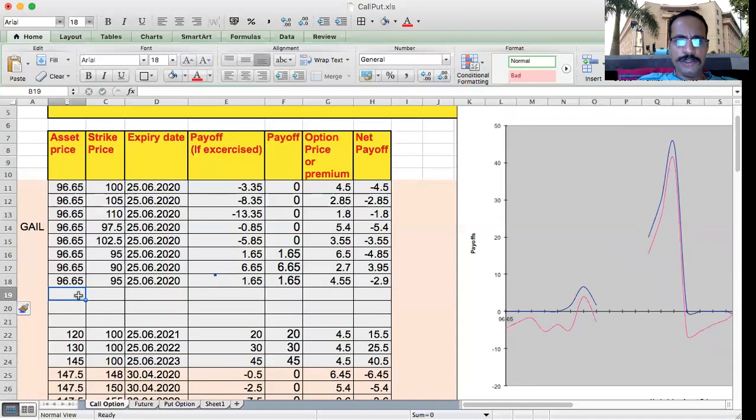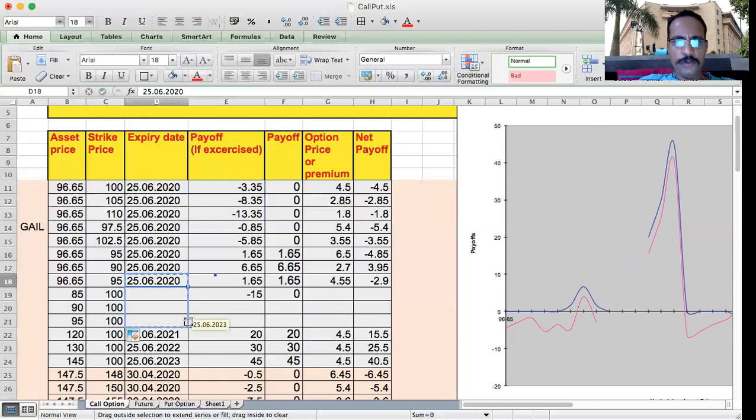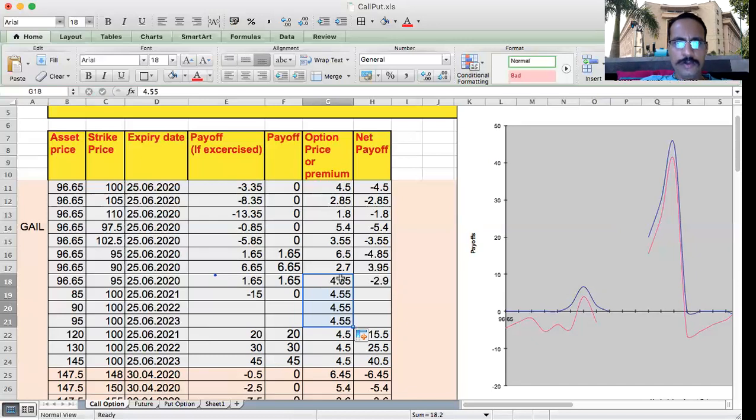So let us say the share price becomes first 90, first becomes 85, then it becomes 90, then it becomes 95 before reaching that 120, right?